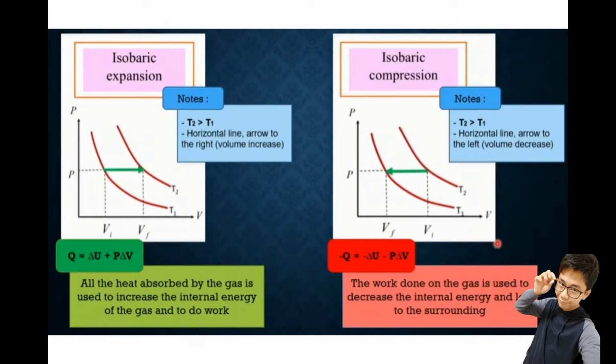Okay, so we have two graphs here. The first one is isobaric expansion. Note here that for the temperature, T2 is larger than T1. The horizontal line, with the arrow to the right, indicates that the pressure is constant.